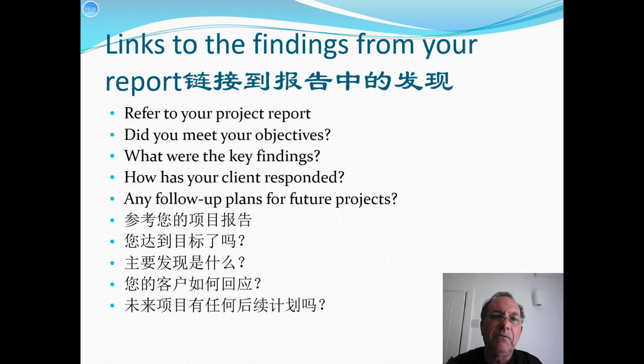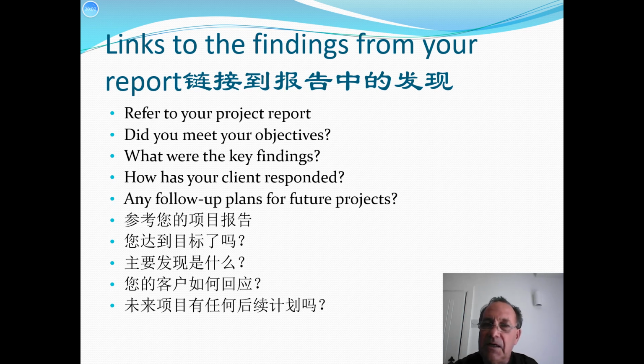Finally, towards the end of this chapter, if you were able to carry out the research, consider what your findings showed. Did you meet the objectives you set in your project brief? And what were the key findings that will be of interest to the organisation?